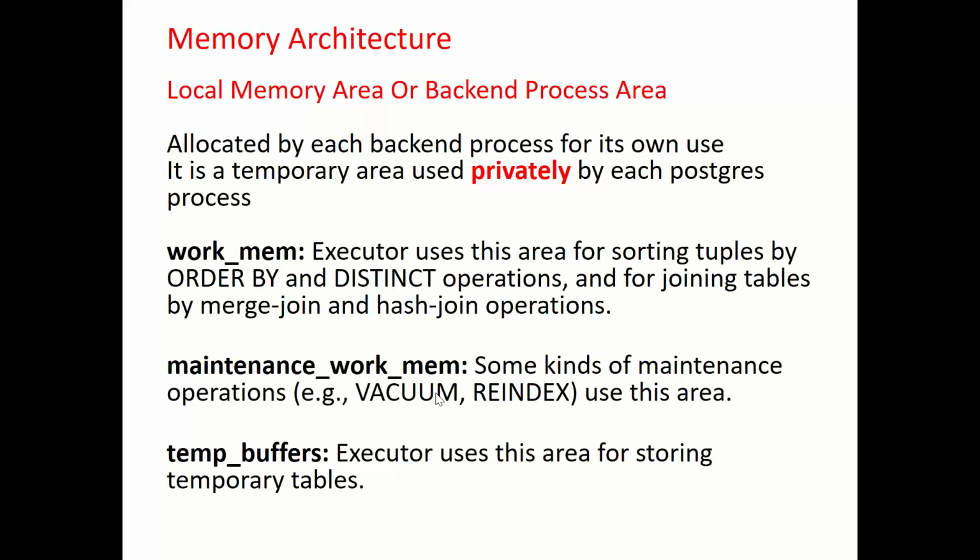If you are doing a manual vacuum, this memory is utilized, not the autovacuum done by Postgres. Temp buffers, for storing temporary tables, also come into the private memory, which is by default 4 MB. But if you want to run vacuum processes, 4 MB might not be sufficient, so for a particular session you can increase that memory. This will be covered in the performance tuning chapter.